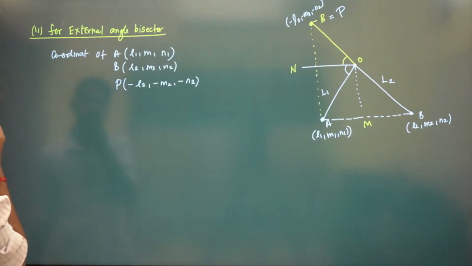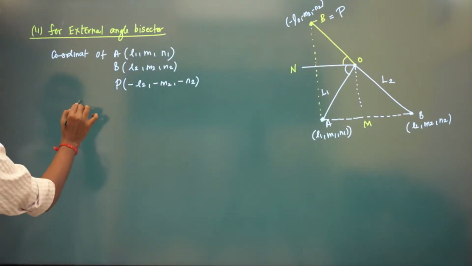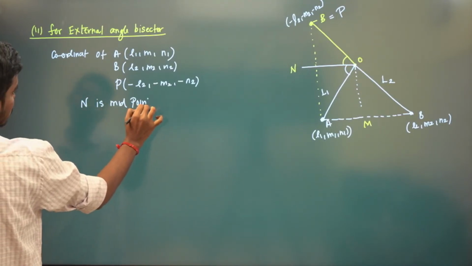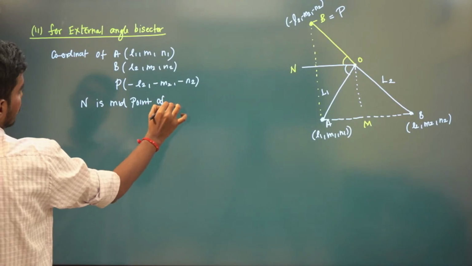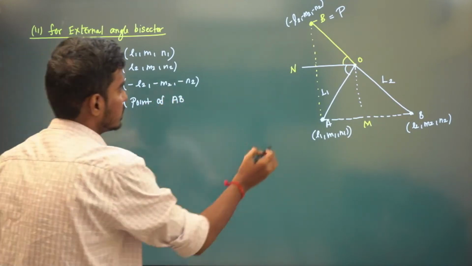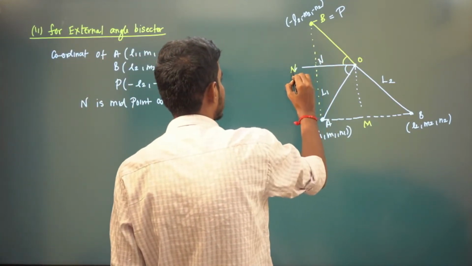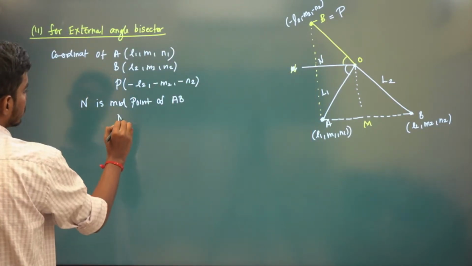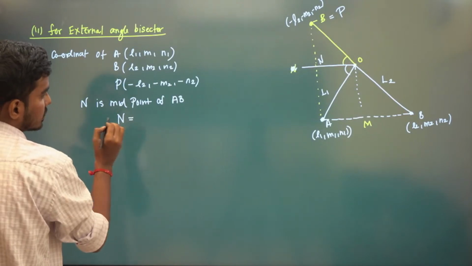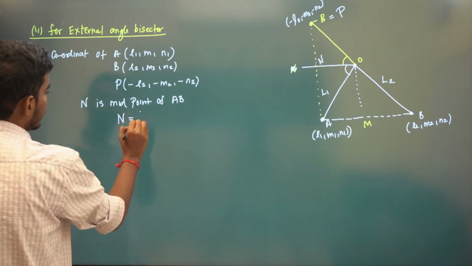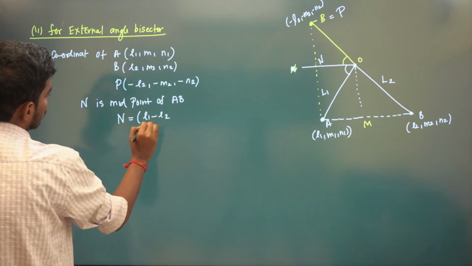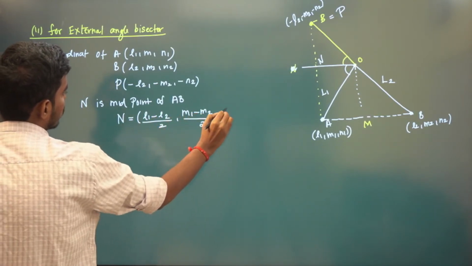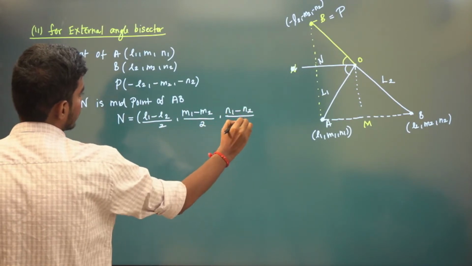Now we need to find N. What is N? N is the midpoint of AB, right? Call this as N. So N is the midpoint. So it is nothing but L1 minus L2 by 2, M1 minus M2 by 2, N1 minus N2 by 2.